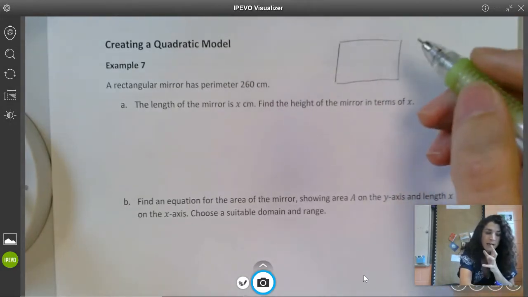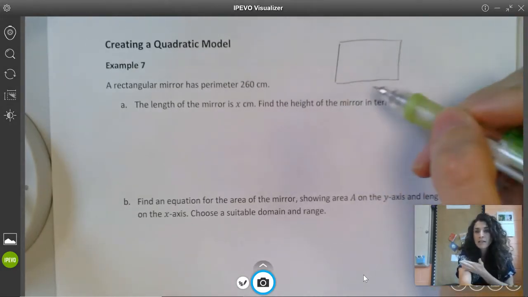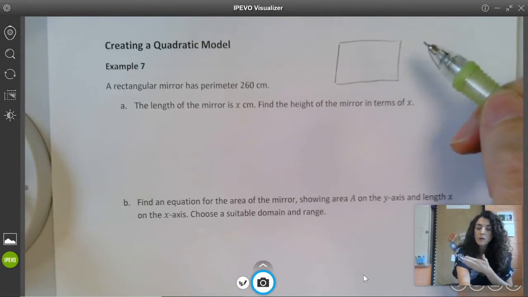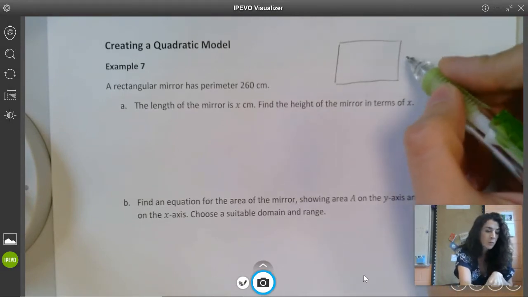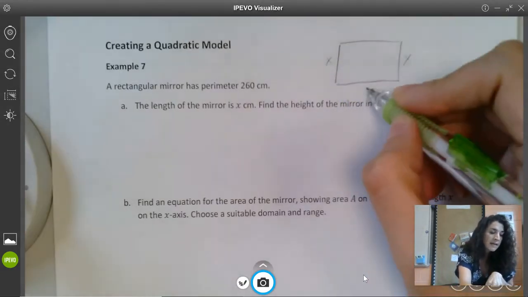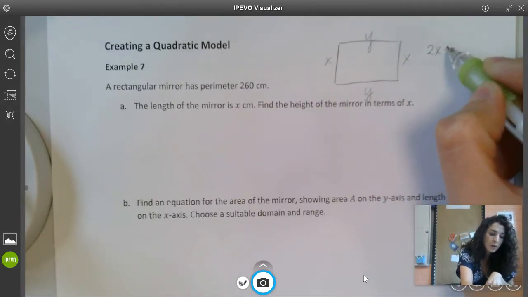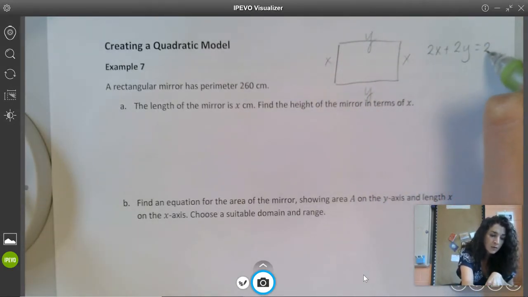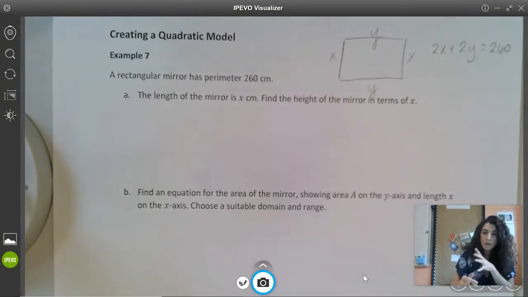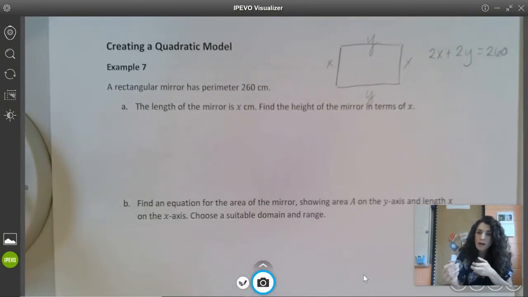All of the sides add up to 260, so I need things that represent the sides. That's x and y, and I can say 2x plus 2y equals 260. Perimeter is just all the sides added up. So I've represented visually and algebraically all of the information that I'm originally given.